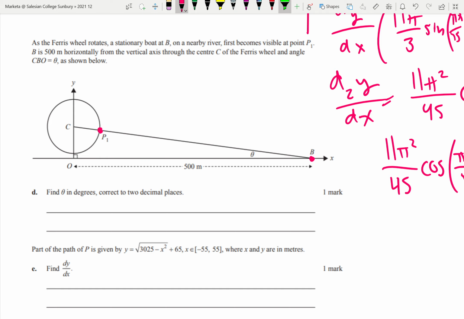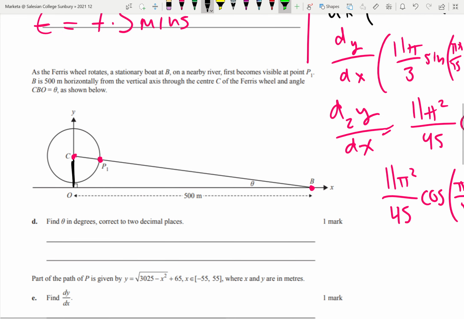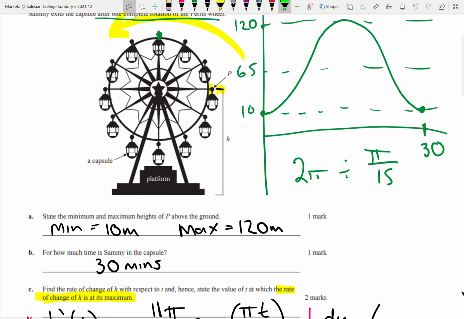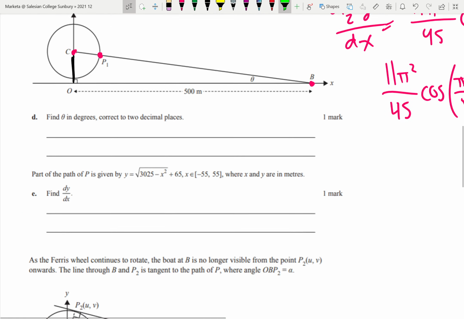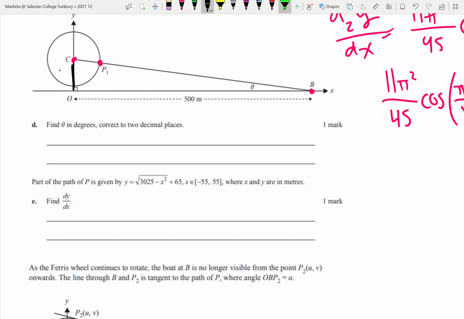Now it's only worth 1 mark, so it can't be too much working here. So let's see, what have we got? We know that this length here, that was 65 from, well, let's look back up. So we know that from our graph, or from our equation, that's 65 there. So here's 65.